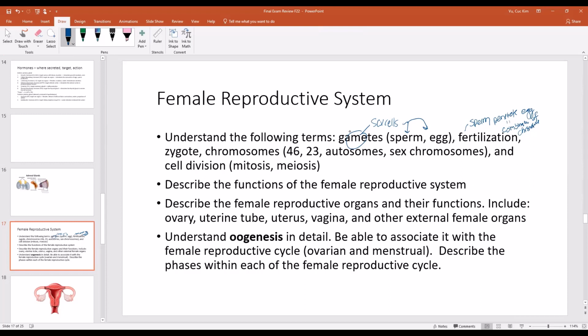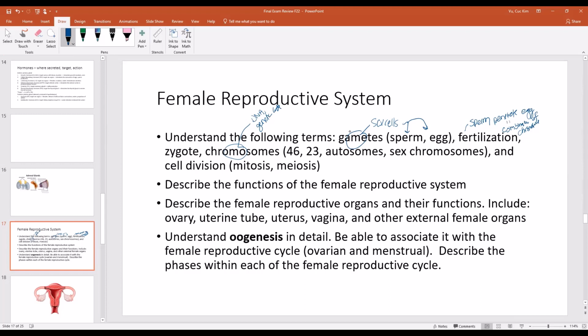What are chromosomes then? The number of DNA. DNA, yeah. And what's DNA? Our code? Yeah, genetic code. Very good. Chromosomes are a form of your DNA.